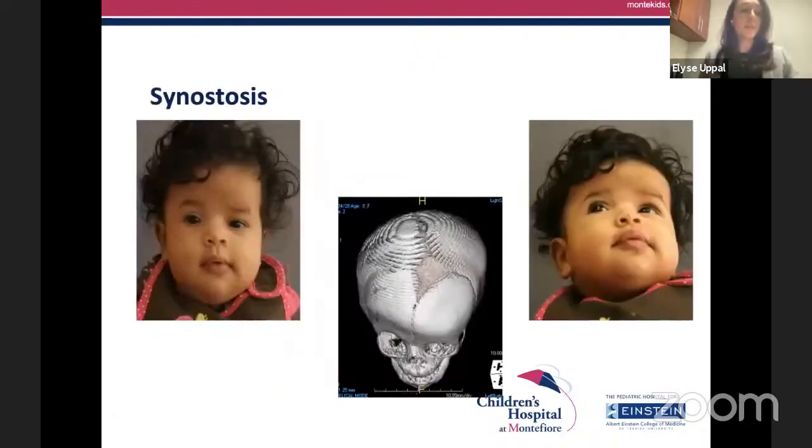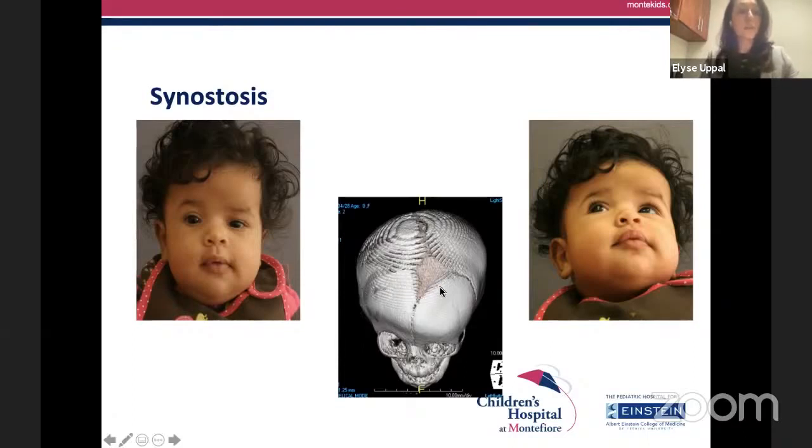So this is a great example of a kid with unicoronal synostosis. You can tell her right eyebrow and orbit appear much higher than her left side, and this is called a harlequin deformity, and this is pretty characteristic of unicoronal synostosis. And you can also see that her nasal tip and her chin are actually deviating towards the left, so the opposite side of the suture that's fused.